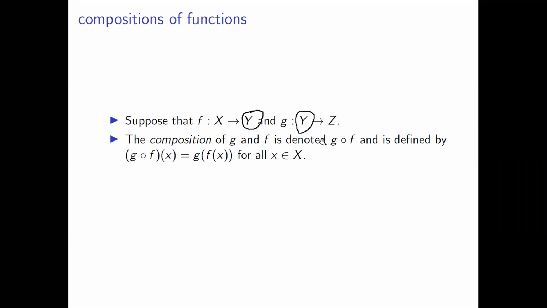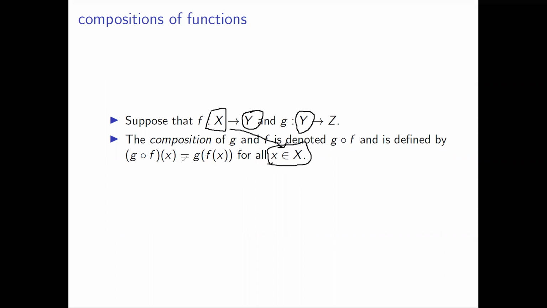And the composition is defined pretty intuitively. So we define the composition of g and f here. We write it as g circle f, and we define it for any input x in this set X, the domain of f.